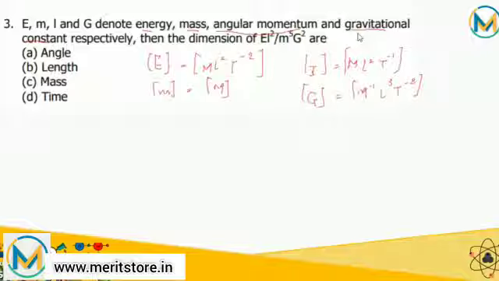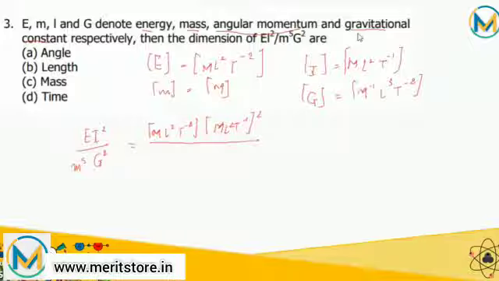Substituting the dimensions of all the above quantities in the given formula, that is E I square upon M raised to 5 G raised to 2. E is M L square T raised to minus 2, I square is M L square T raised to minus 1 the whole square, the whole upon M raised to 5, and then G square, that is M minus 1 L cube T raised to minus 2 the whole square.